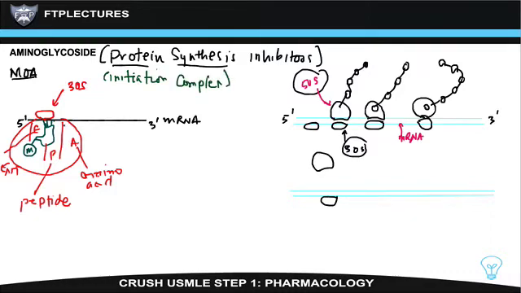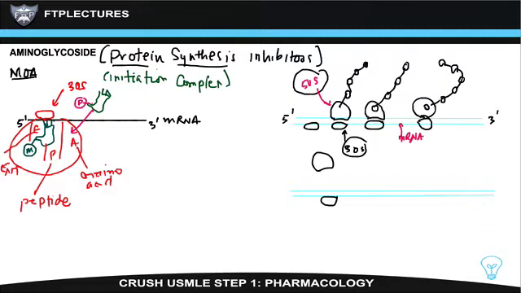Once this initiation complex is formed, another tRNA can come over with its codons, carrying another different kind of amino acid. That's called a proline, okay? It comes to bind at the A site.